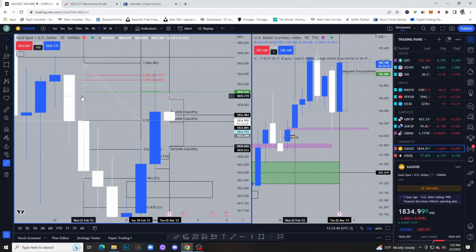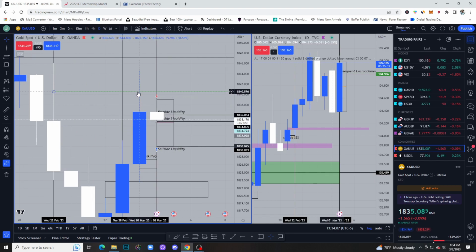So yeah, as you can see right here, the consequent encroachment of this large candle from last Wednesday. This Wednesday, yesterday, the Wednesday of March 1st, it actually came here and tapped into the consequent encroachment of last Wednesday's candle wick right here.